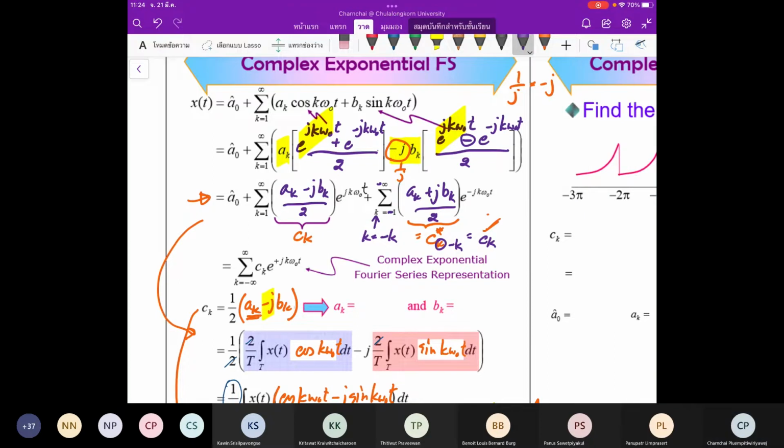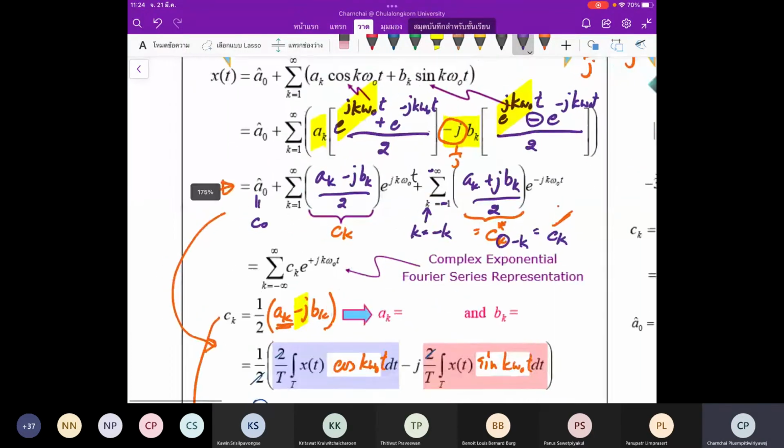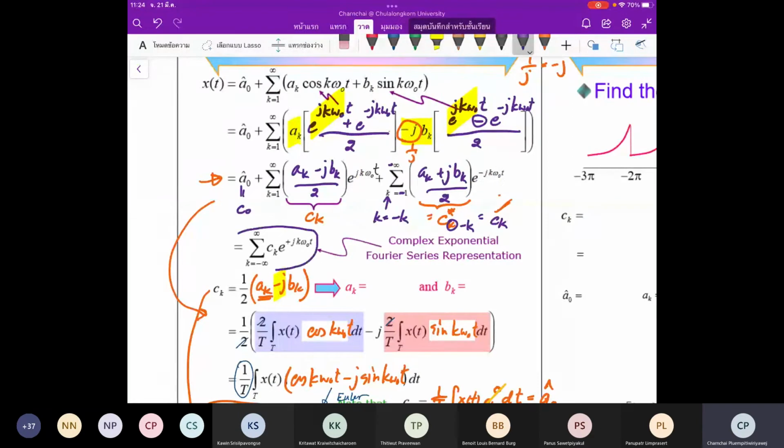And this a0 hat is just c0. So if you combine all three terms here, you end up with this one: the negative part, the zero part, and the positive part. We get the sum over k from negative infinity to infinity of ck e to the plus j k omega naught t.